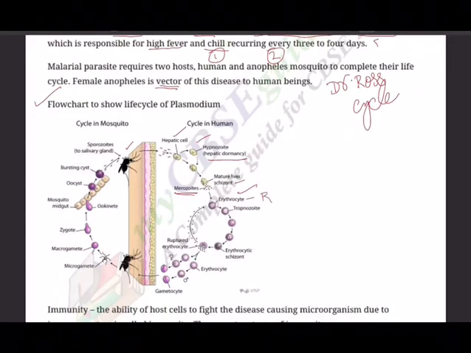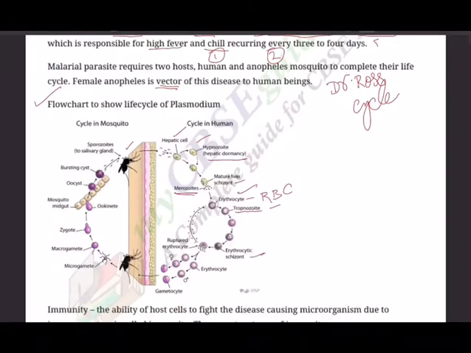Erythrocyte is nothing but RBC. So it enters into the RBC, and now it's called trophozoites. These trophozoites keep on multiplying within the red blood cell. And once this RBC is full, it becomes the erythrocytic schizont.